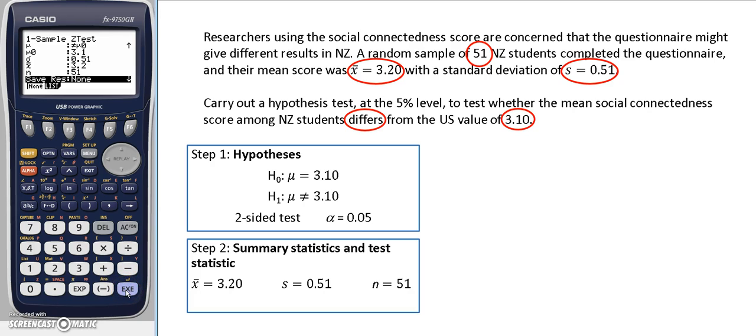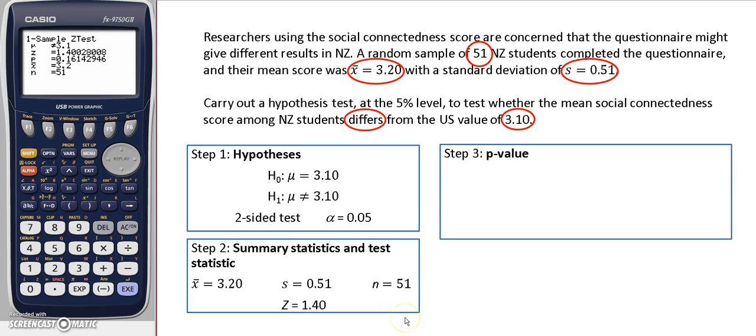And we can execute that. That gives us our test statistic, which is the Z value here, of 1.40 to 2 decimal places. The next step is to report our p-value. That's also been calculated for us here at 0.1614.